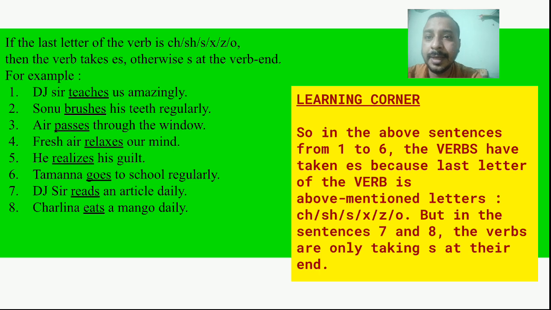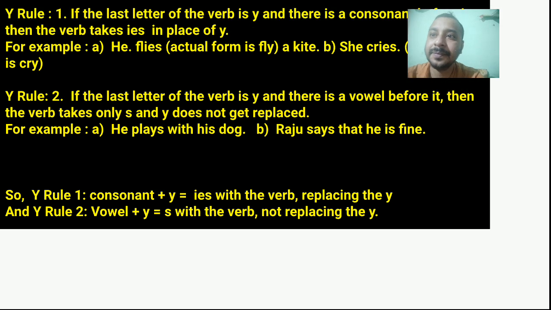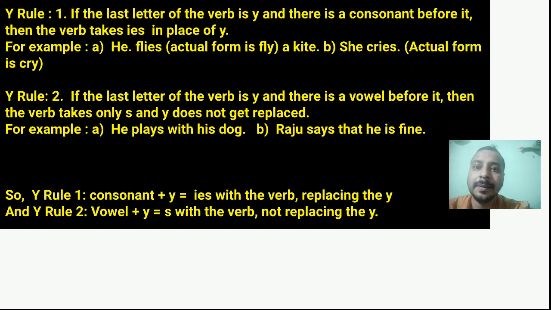Our next point is that with some verbs IES is also added. Let's find out with which verbs. I call that the Y rule.